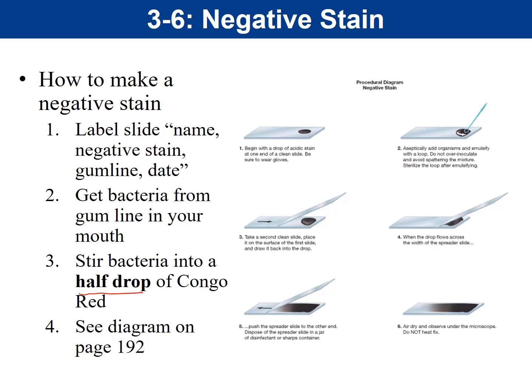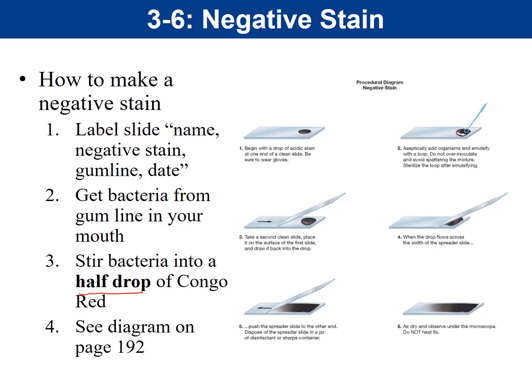So notice they're pulling it towards the edge and then pushing it to the other end. And so what you want to do is essentially smear that Congo Red all across the slide. And once you're done with that slide that you used to smear the bacteria, take that slide and put it directly in the container that has the disinfectant.